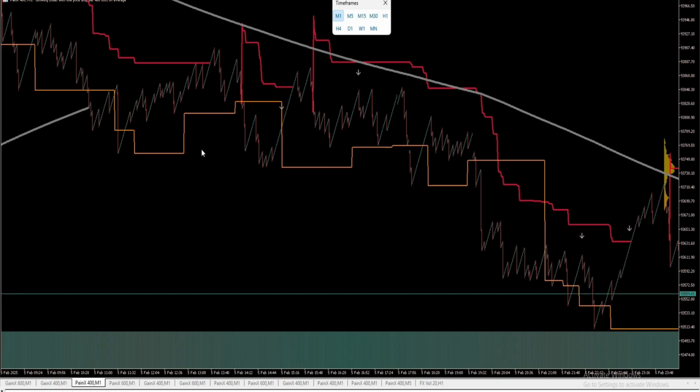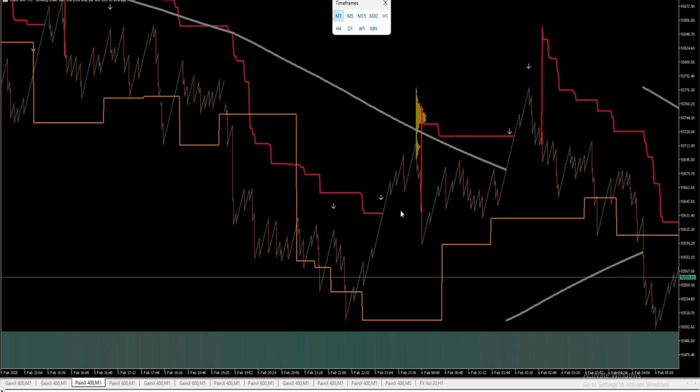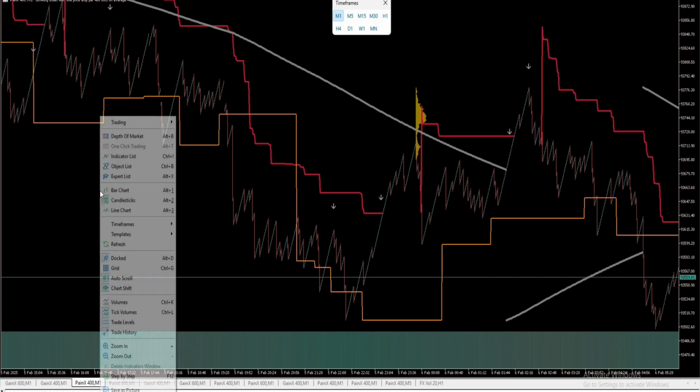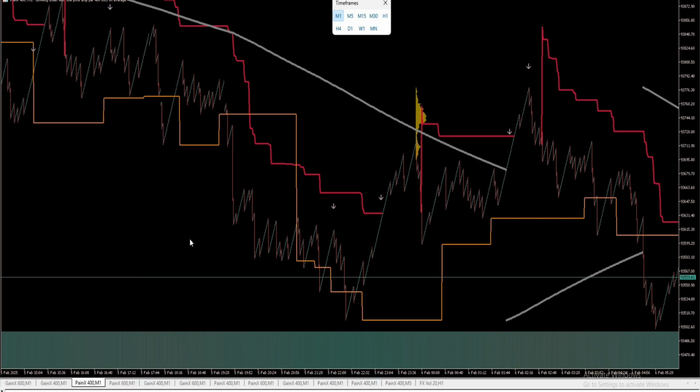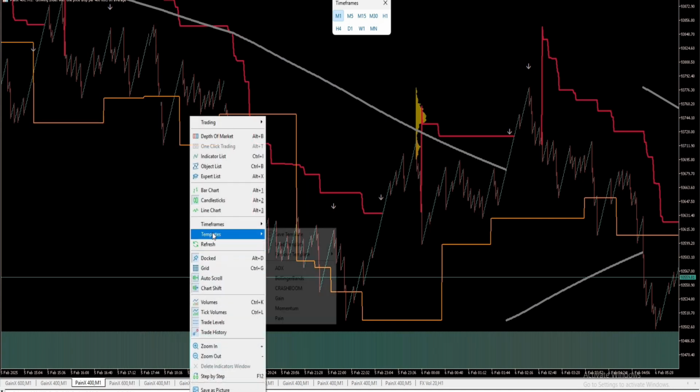And so I'm going to leave all the indicators in my channel, as well as the template for it. Let me show you how it is. Now if you right click on your screen like this, you're going to see template. Now I've saved the template. This is the gain and the pain template, and so when I click on pain or gain like that, you're going to see it.